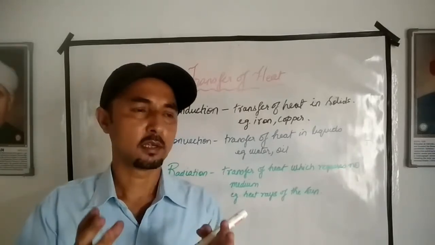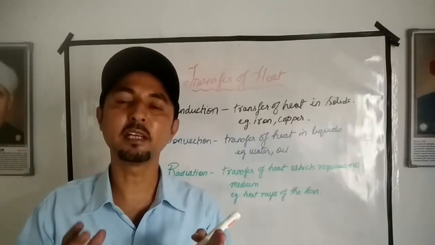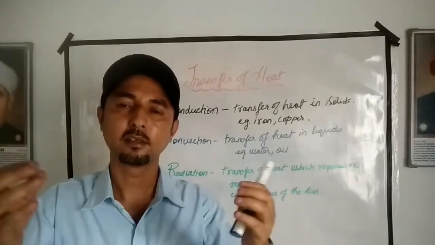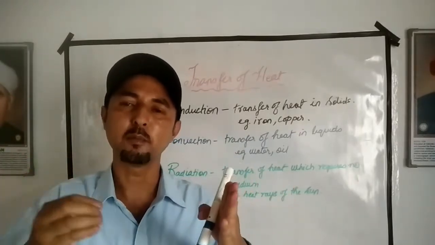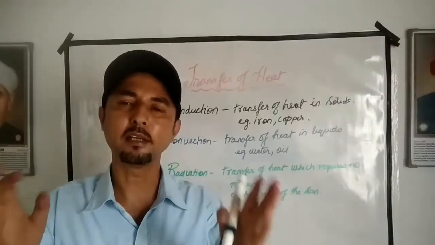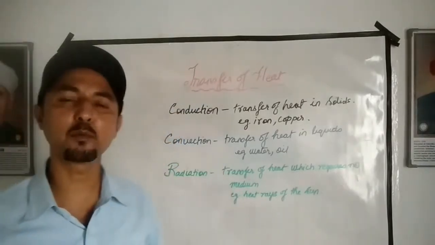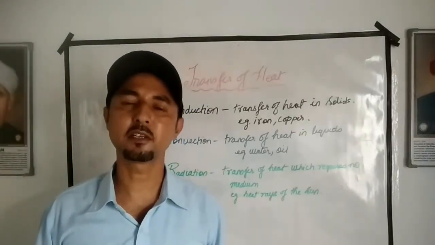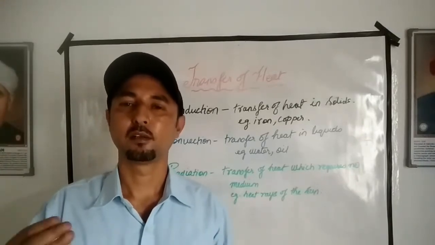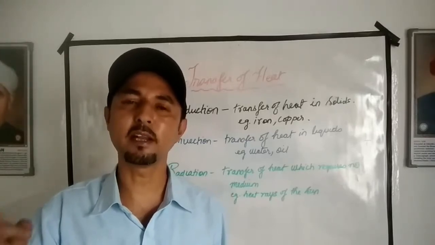Similarly, a hot iron used for pressing our clothes emits heat. That emission of heat from the iron on the environment is known as radiation. So these are the three processes by which heat is transferred. We will see it by doing a small activity, and it will be very interesting.